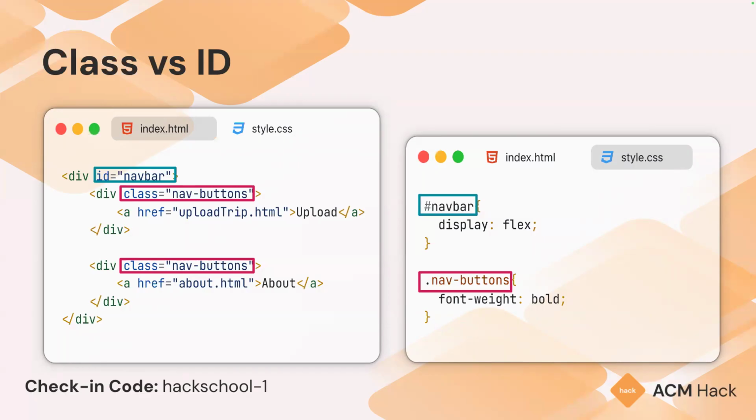And then on the right side in the style sheet, you can see an ID selector using hashtag. And here we're doing display flex. And then for the class styling, for .nav-buttons, we'll be making the bold font. So this is how you'll use selectors, classes, and IDs to apply to your HTML files.